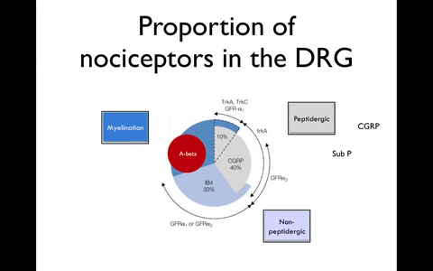So this tells us that A beta fibres are roughly 20% of the dorsal root ganglion cells. A delta, which are both peptidergic and non-peptidergic, but are myelinated, take up 20% of those nociceptors. And then the C-fibres are about 60% of the dorsal root ganglion cells.